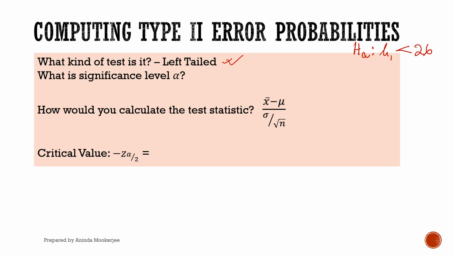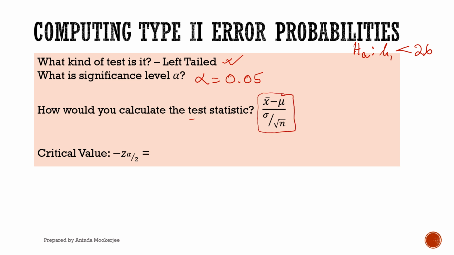The significance level alpha would be 0.05 because the question said at 5% significance level, therefore alpha is 0.05. Now, if we were to do a hypothesis test, we had to find the test statistic. That test statistic would be found using this formula.